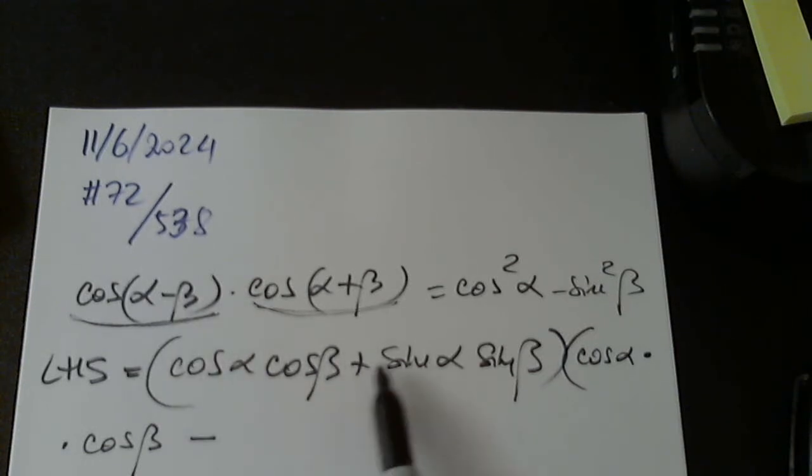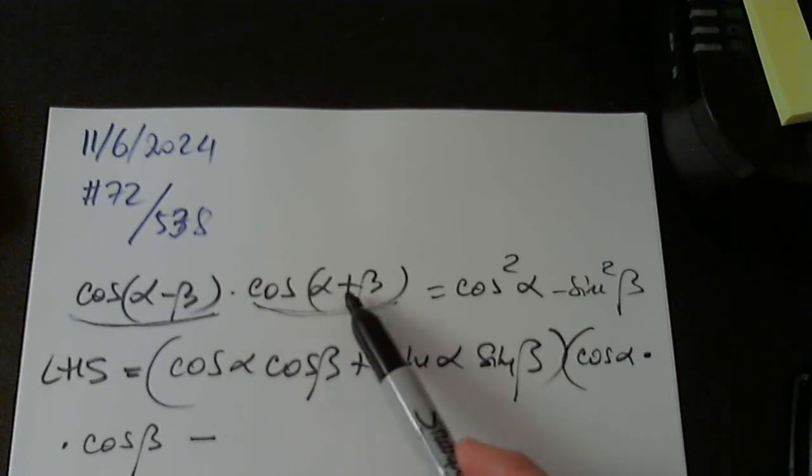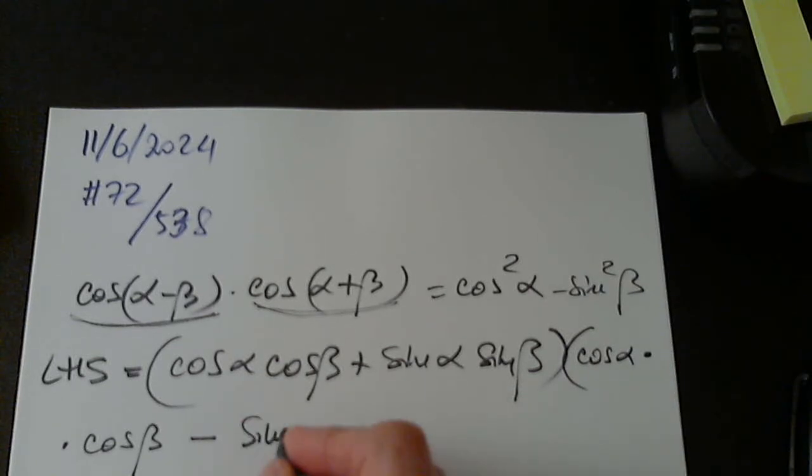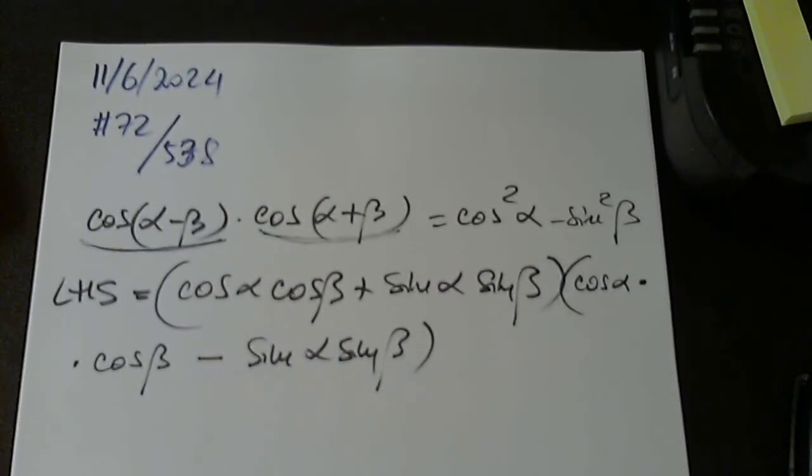If this is minus, this is plus, sine alpha sine beta. Now we're looking at cosine alpha plus beta, so it's exactly the same thing, but instead of plus, it's minus. So it's cosine alpha cosine beta minus sine alpha sine beta. Good. Any suggestions now? What should we do?